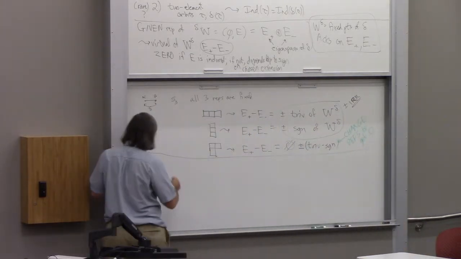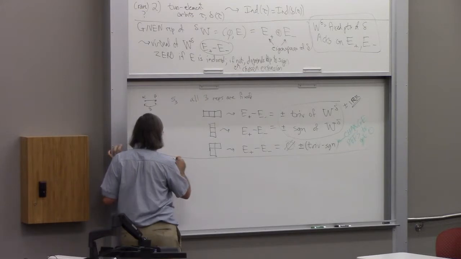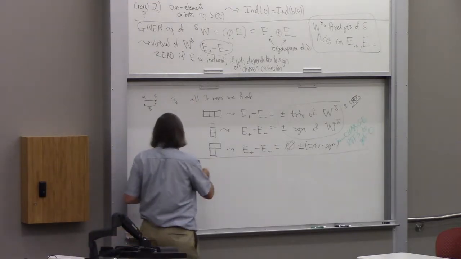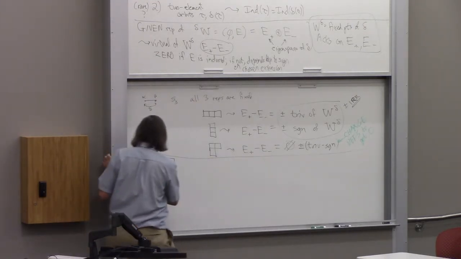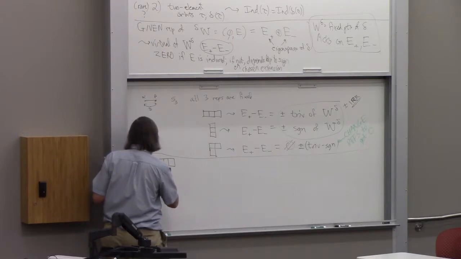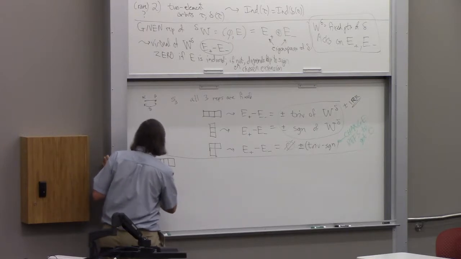Well, let's see if I can do S4 correctly. This S4 upper delta is the Weyl group of type C2.